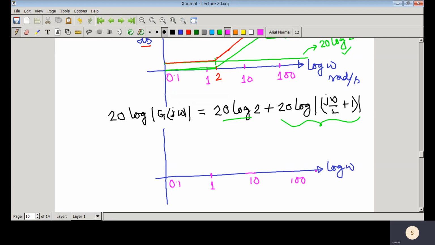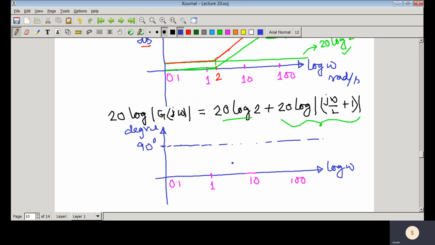And we have seen that in case of s plus a, whenever the frequency is high, the value, that is in degree, is plus 90 degree.